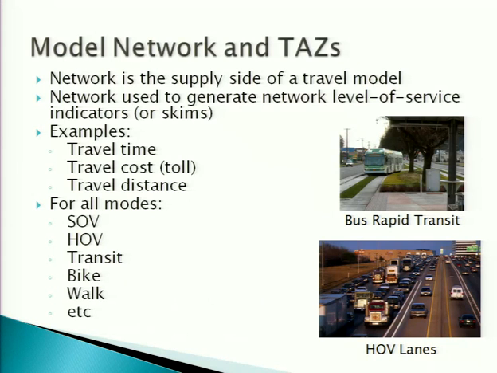So we need an idea of the amount of impedance or cost or time to get from one place to another for all the different modes. Because in a travel model, I'm going to try to choose what type of mode, for example, when I go to work, which type of mode I'm going to use, and I need to know what the available choices are and the costs of all of those choices. And also for different types of modes like bus rapid transit and things like that.